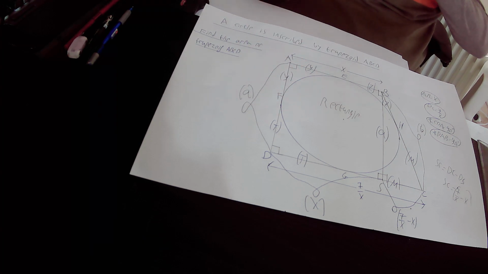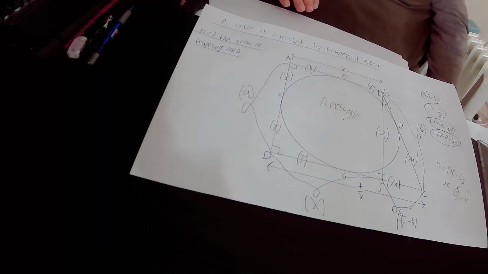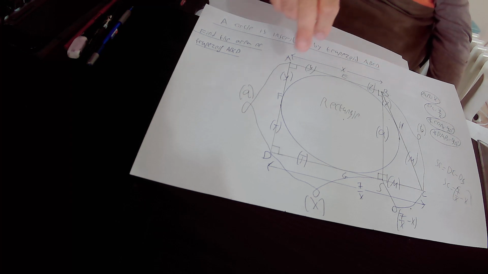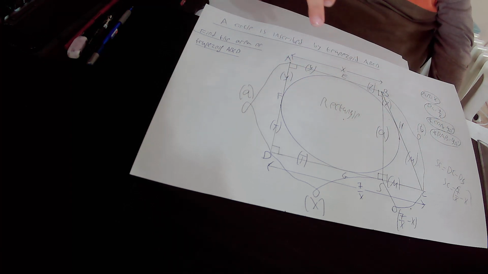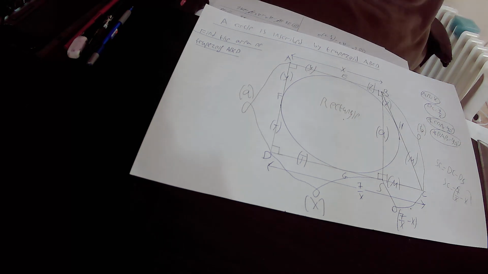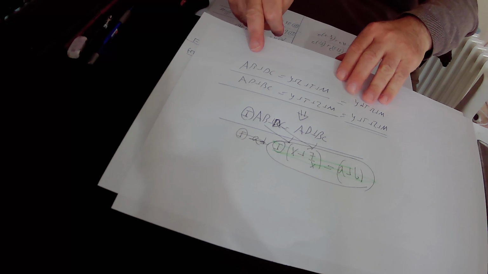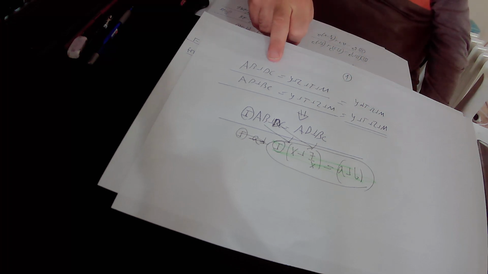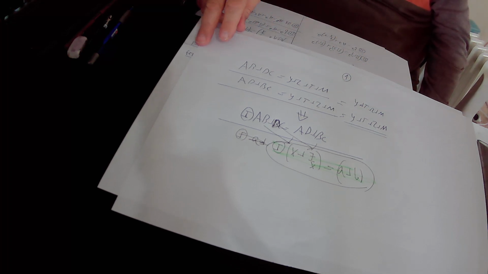Okay? And in the next step, we added side AB to the opposite side DC in this trapezoid ABCD. So what is AB plus DC?